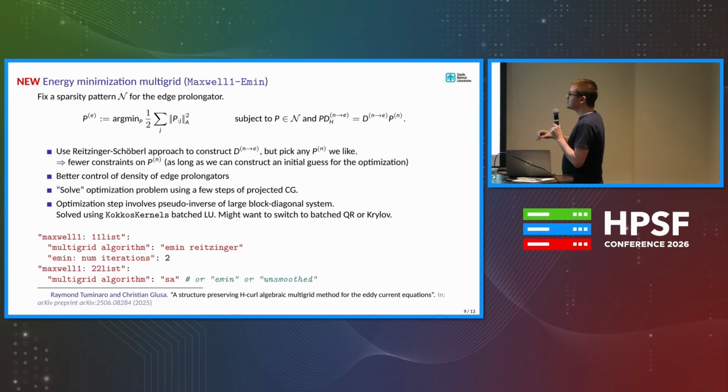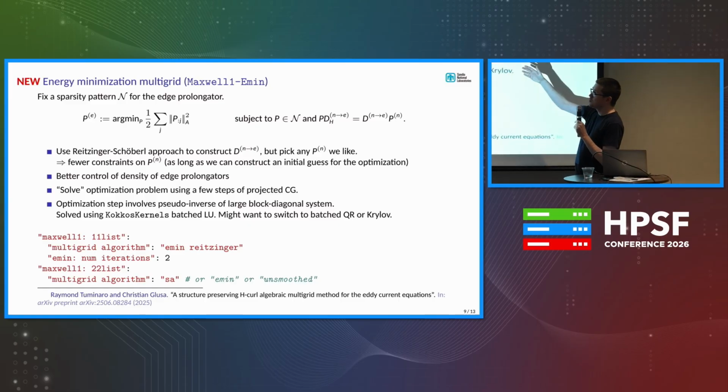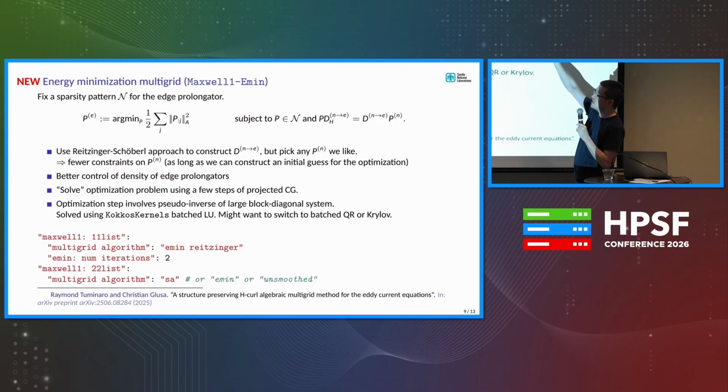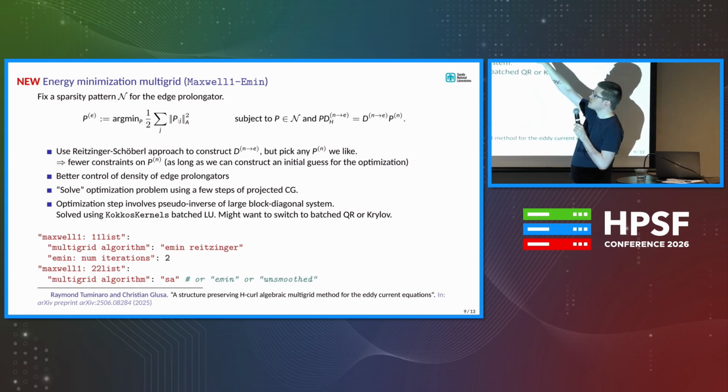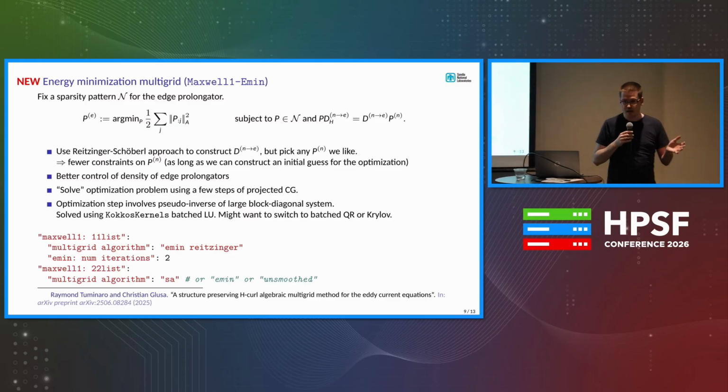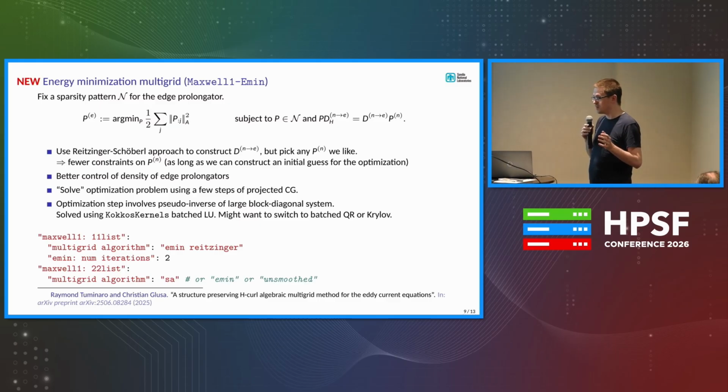Essentially, we're saying, let's find the optimal prolongation operator with the minimal energy, subject to two constraints. One, we still want our commuting relationship to be satisfied. So that's a sparse constraint. These are all matrices. And the second constraint is that we want to effectively fix the sparsity pattern of the prolongation operator up front. And this gives us all the control that we want about how much density we allow ourselves in our multigrid hierarchy.